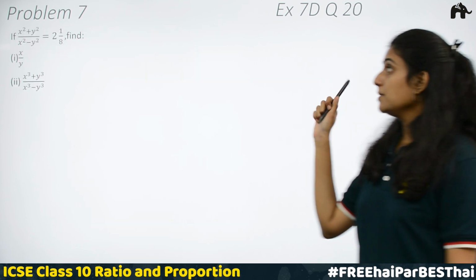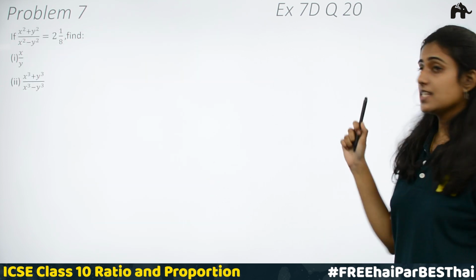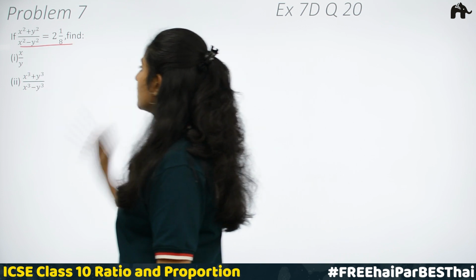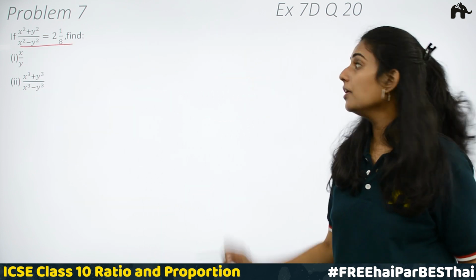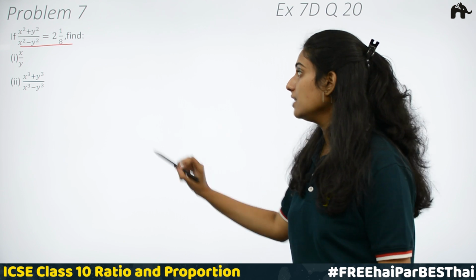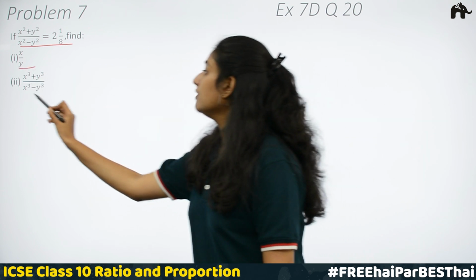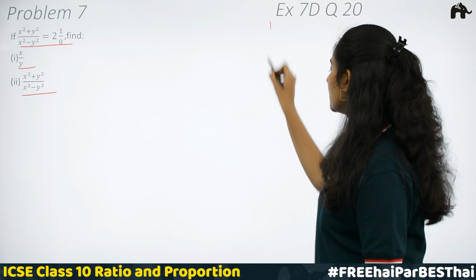Okay. Problem number 7. Question 20 of exercise 7D. If x square plus y square divided by x square minus y square is equal to 2 1 by 8, find first question x by y, second x cube plus y cube divided by x cube minus y cube.